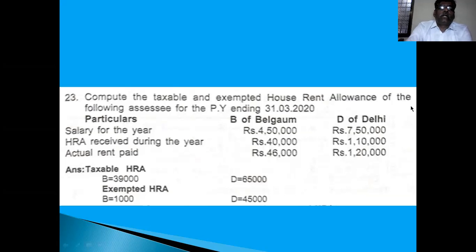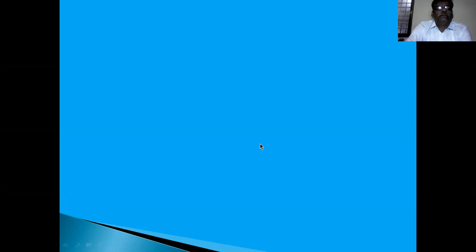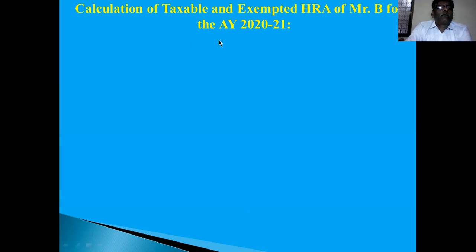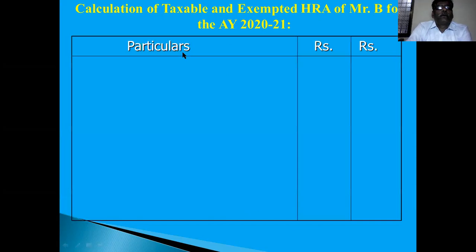You see here. First I will calculate the B of Belgaum. Computation of total, taxable and exempted HRA of Mr. B of Belgaum for the assessment year 2020-21. This is a chart, particular amount.